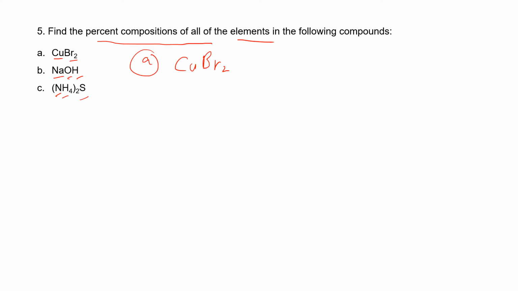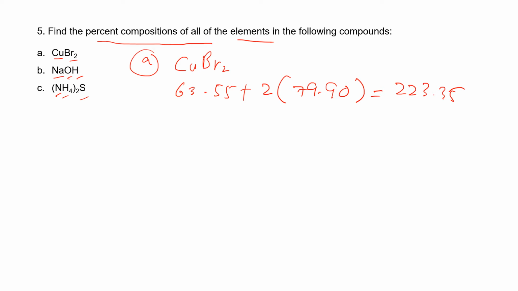So the atomic mass for copper is 63.55 plus 2 times bromine, which is 79.90. So you get the answer 223.35.